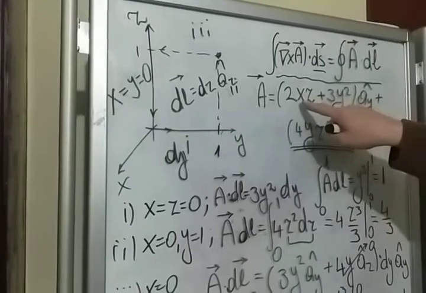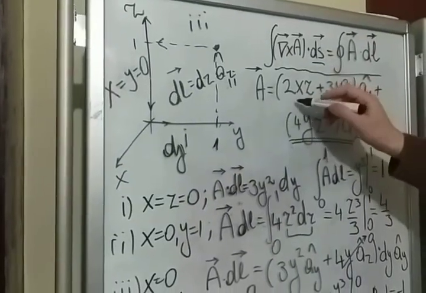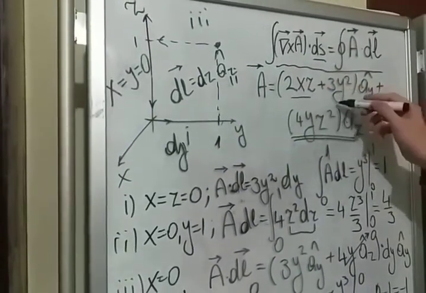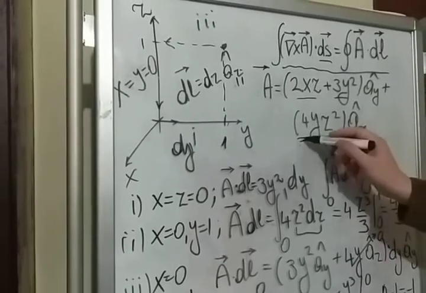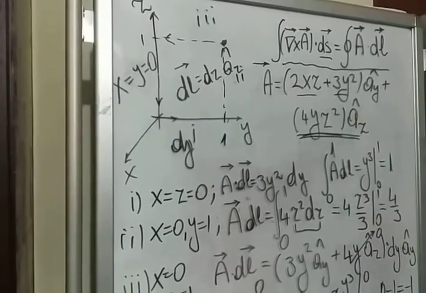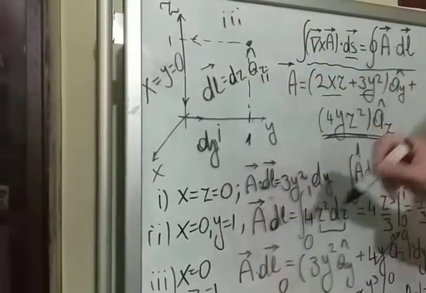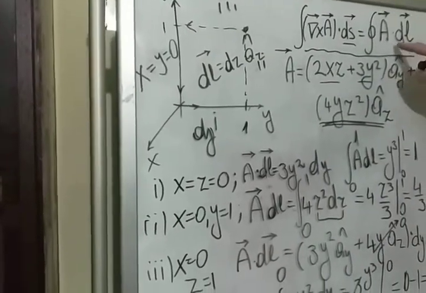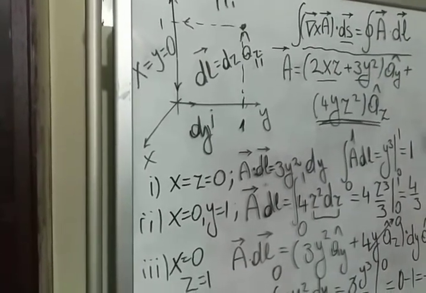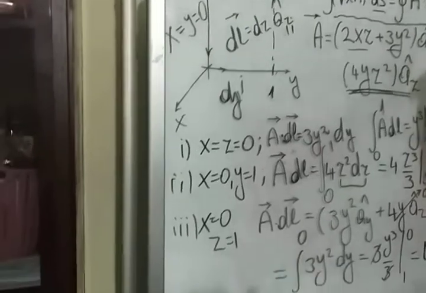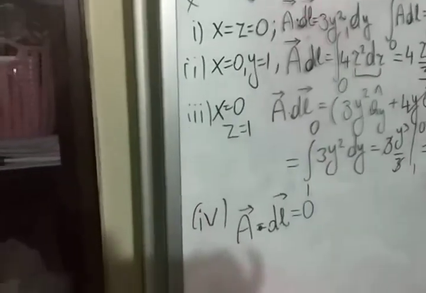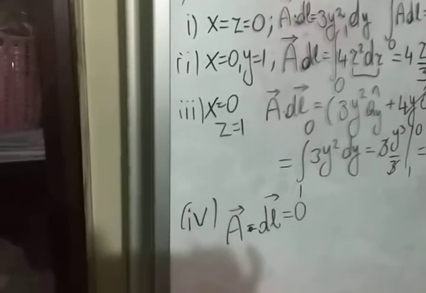So let's see what happens here. If x is 0, this term is gone. Y is 0, this is also gone. Y is also 0, gone. So A along this path is completely 0. So any line integral of 0 with respect to dl will be 0. So let's not do this, respecting the space on the board, that's 0.